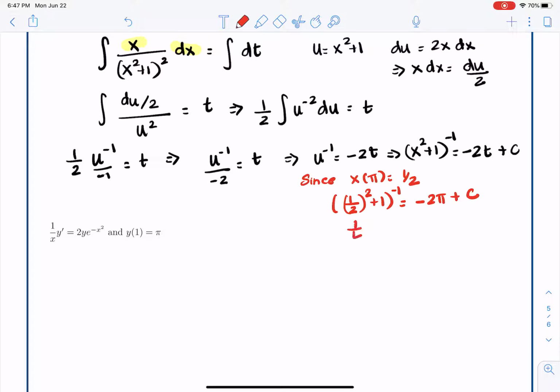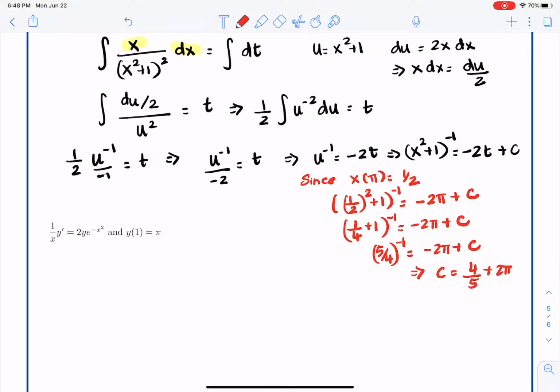So 1 over 4 plus 1 raised negative 1 equals negative 2 pi plus c, which is 5 over 4 raised negative 1 equals negative 2 pi plus c. So c would be 4 over 5 plus 2 pi.